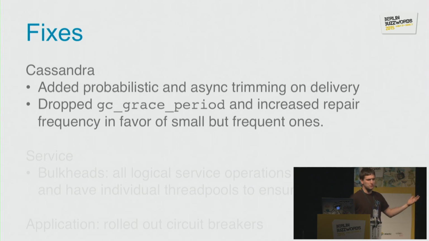And we had more frequent repairs for that reason, because you need to repair more frequently when your tombstone lives shorter. If your tombstone lives for 10 days, you should repair the whole cluster every 8 days, so that your tombstone doesn't go away before you've propagated the delete. So we shortened that period to favor smaller but more frequent repairs. This also made our trimming much more effective.